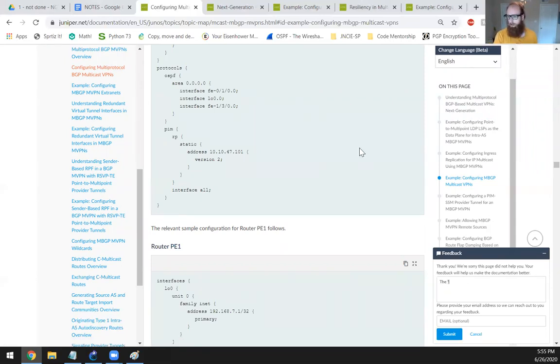Okay, I'm going to do the feedback: the on this page navigation bar hides important examples such as example configuring NBGP multicast VPNs.